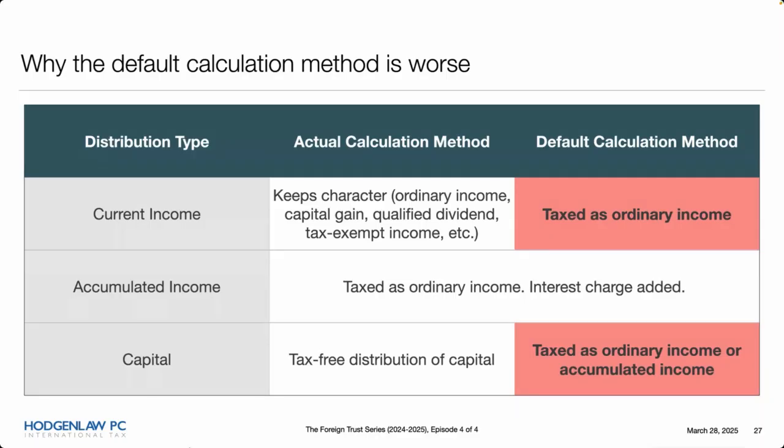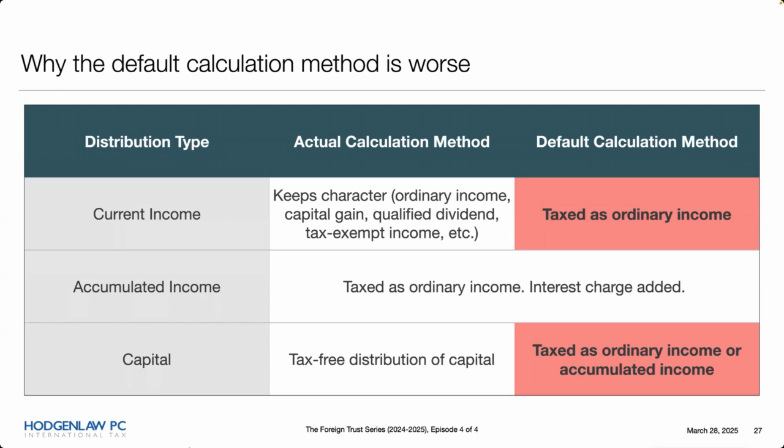So first, on the current income. Current income under the actual calculation method comes out and is taxed to the U.S. beneficiary, and it keeps its character, tax-exempt income, qualified dividends, whatnot, just like a Schedule K-1, right? With the default method, there is no such thing.